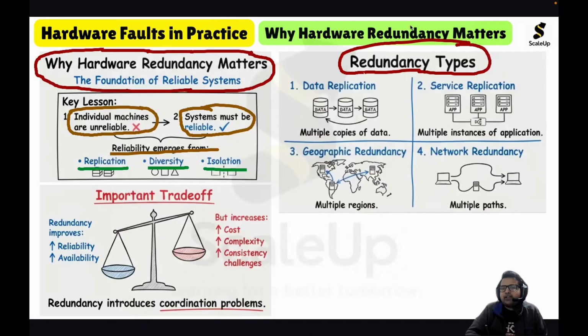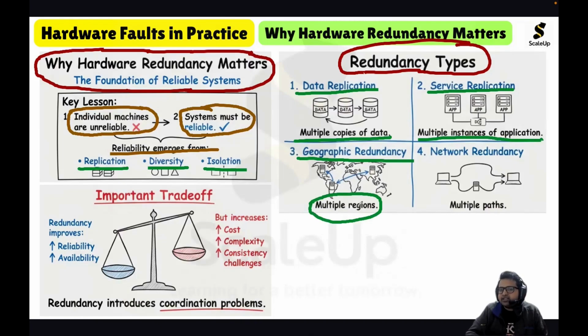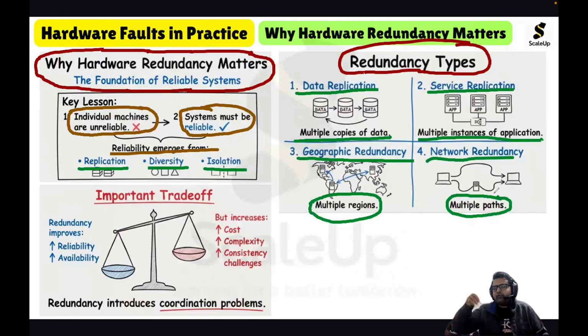The types of redundancy we have are: data replication, in which multiple copies of data are maintained; service replication, in which multiple instances of the application are running; geographic redundancy, wherein we create replicas in multiple regions; and network redundancy, wherein we establish connections between nodes via multiple paths, so that if one path breaks, we can utilize the other.